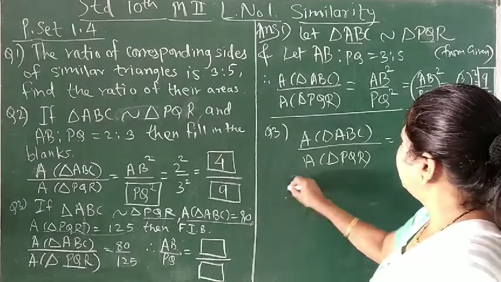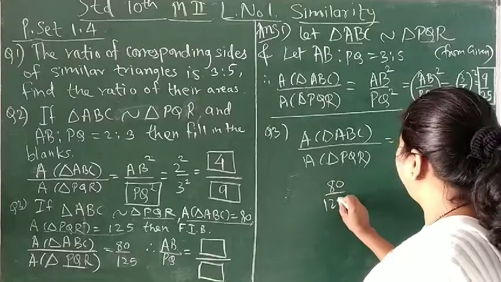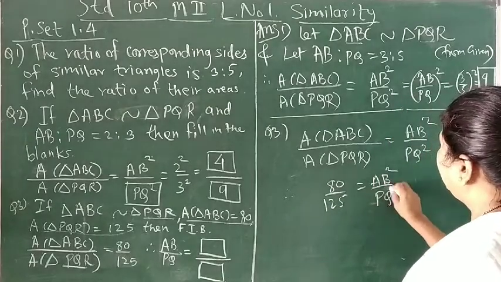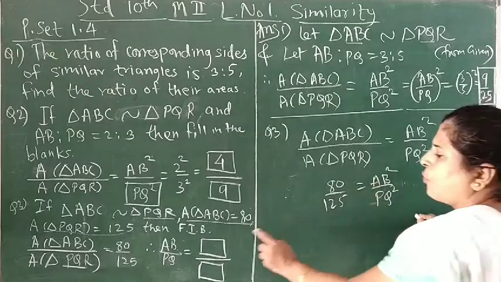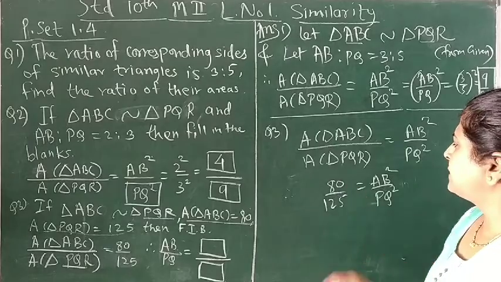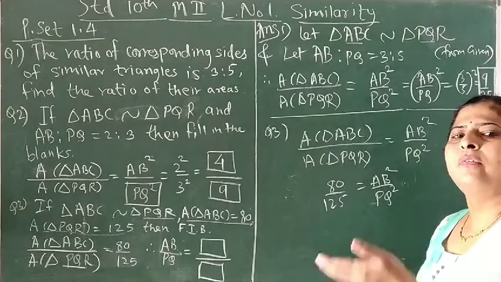Correct. Now this ratio is given to us, that is 80 upon 125 is equal to AB square upon PQ square. Now from these squares, if you want AB upon PQ, we have to take square roots of both sides. But you can see that neither 80 nor 125 is a perfect square. So we have to give its reduced form.